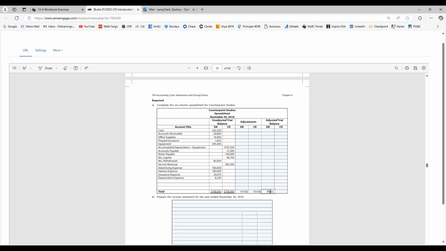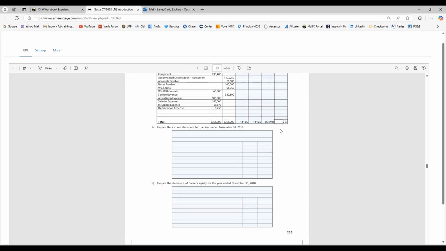The ending balance in the adjusted trial balance should be $759,250. Net income, I'll just put that in for you so you can see. Net income or loss should be $58,000.